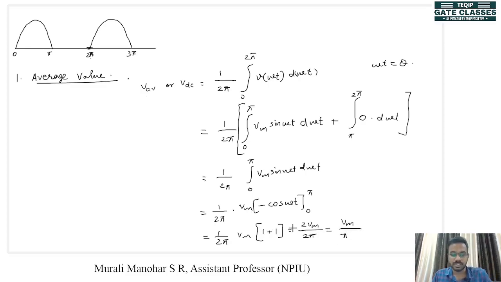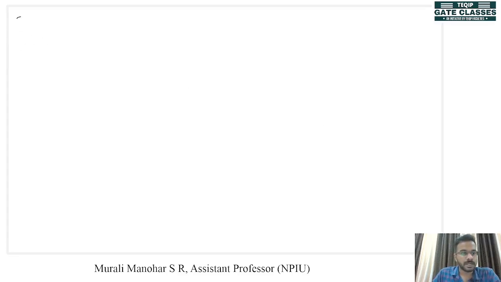So this will be the average value or DC value in the case of a half wave rectifier. So VAV is equal to Vm divided by pi. Next performance parameter is RMS value.